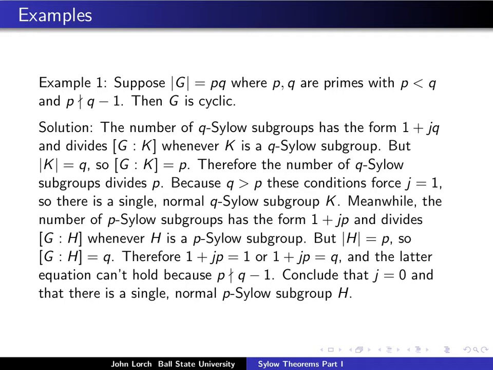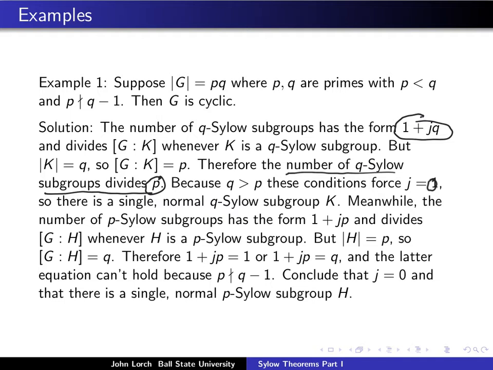But the order of K is equal to Q, so this index of K in G must be equal to P. So this says that the number of Q Sylow subgroups divides P, which means that 1 plus JQ must divide evenly into P. But Q is bigger than P, and that means that J must be 0.